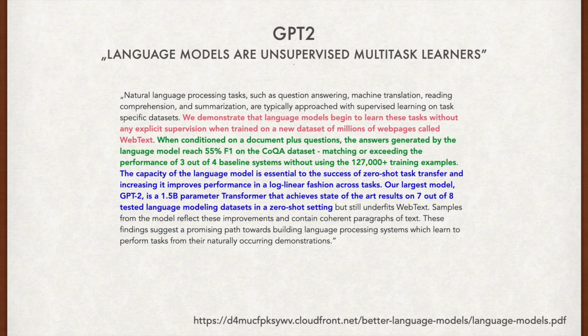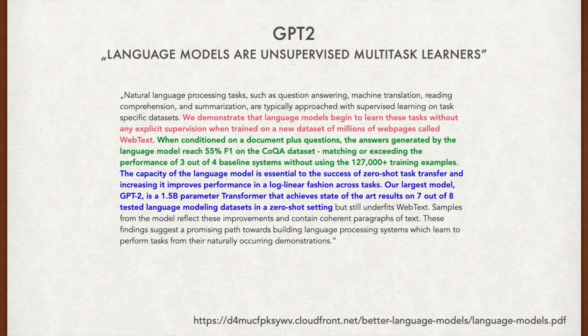When conditioned on a document plus questions, the answers generated by the language model reach 55 F1 score on the CoQA dataset, matching or exceeding the performance of 3 out of 4 baseline systems without using the 127,000 training examples. The capacity of the language model is essential to the success of zero-shot task transfer, and increasing it improves the performance in a log-linear fashion across tasks.